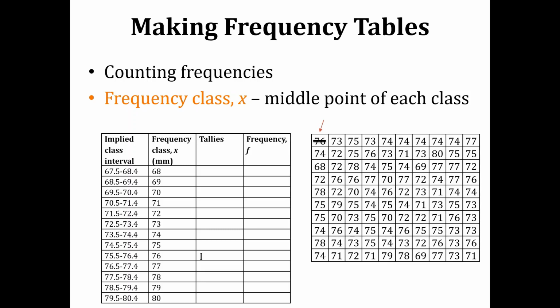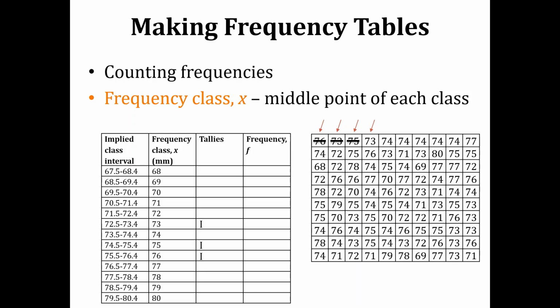Now we look at the next observation, which is 73. So we are going to put a tally mark in front of the class which has the 73 value, and we are going to cross this one out. Then we see the next observation, which is 75, and let's put the tally mark in front of 75 and cross this one out.